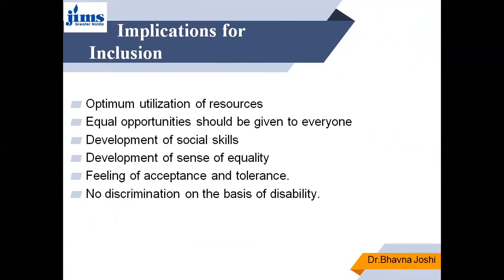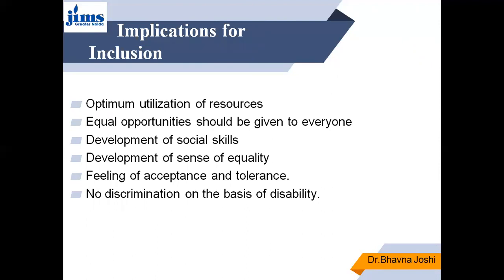Now, what can be done? What is the implication of inclusion? How can inclusion be implied in this process? The first point is optimum utilization of resources, which is very important.